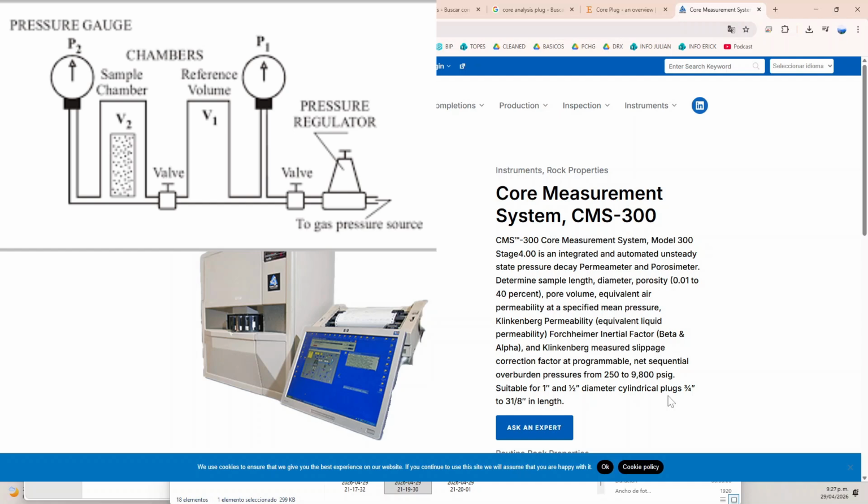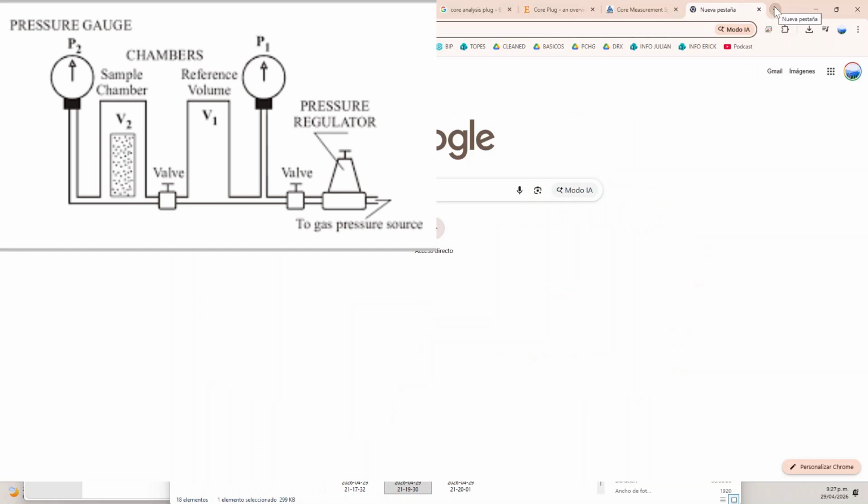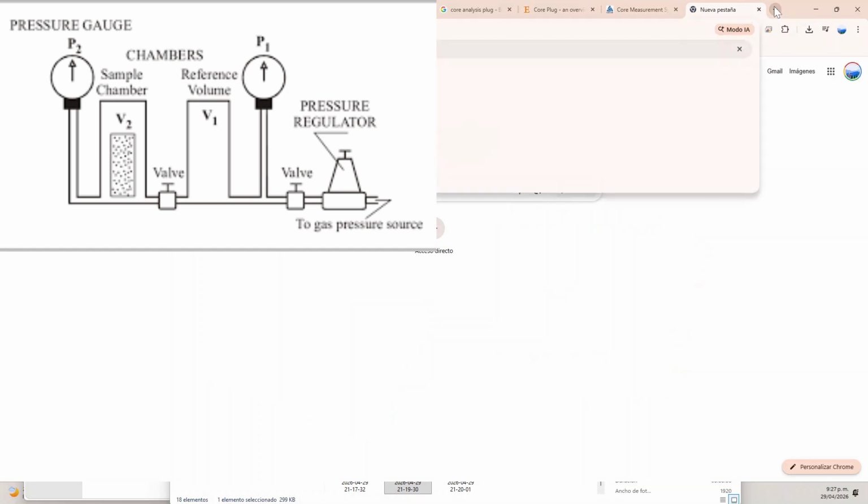We can determine permeability, air permeability, equivalent air permeability at a specific mean pressure. And we can also calculate the Klinkenberg permeability. This is something important to mention here. But first, let's clarify how porosity is measured in RCA core analysis.